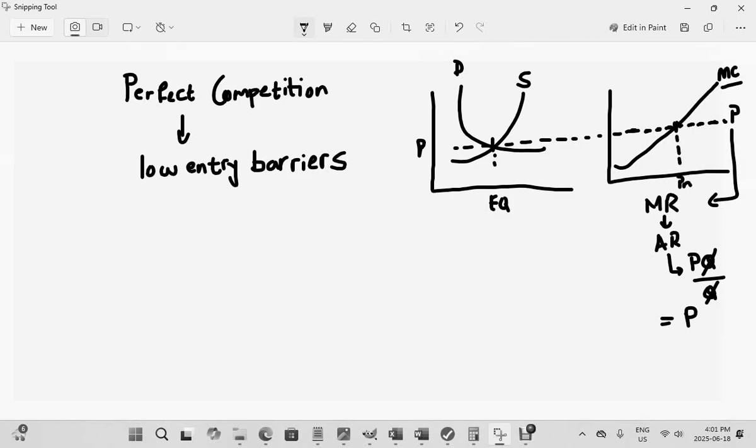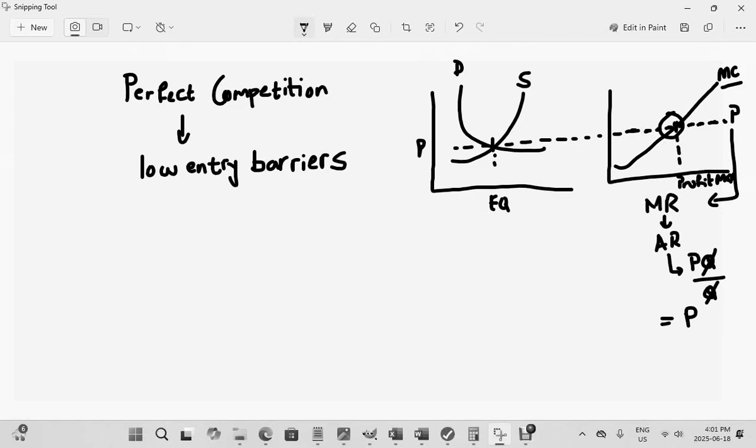At this point, the supplier makes the most profit. Now, this is in a perfect competition.